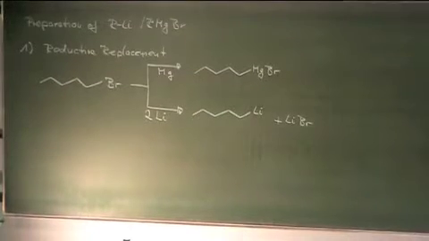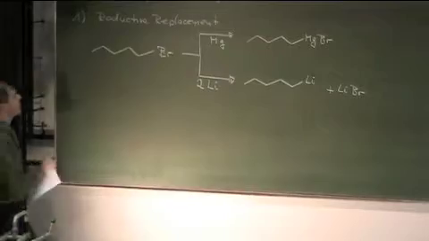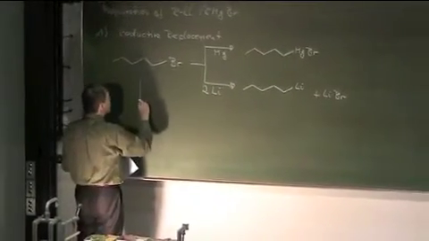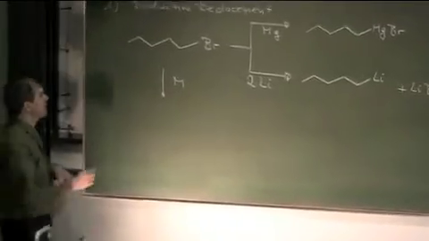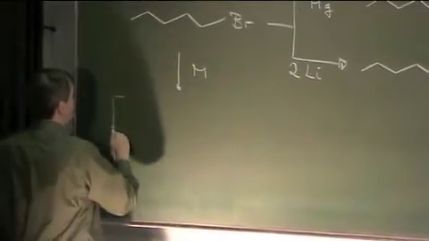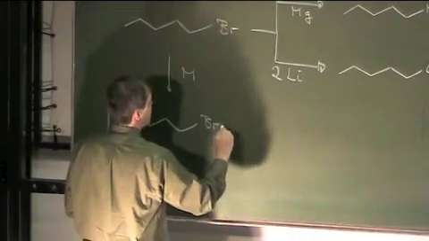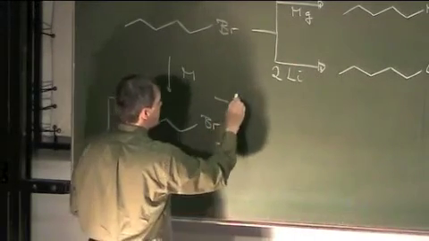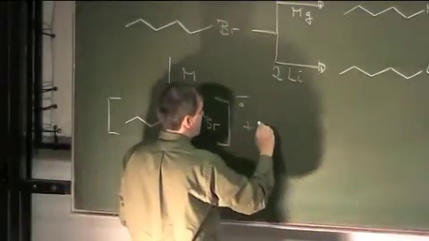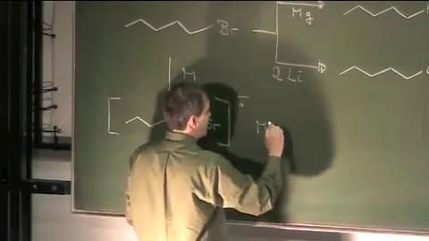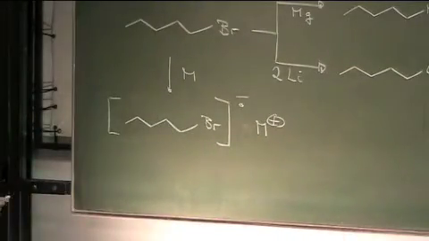How does this work from the reaction mechanism? It is believed that the metal initially carries out an electron transfer to the alkyl halide. So you're forming something like a radical anion and the metal cation.